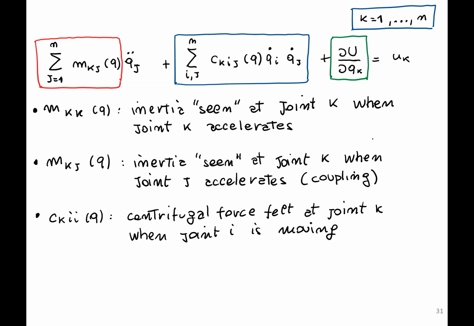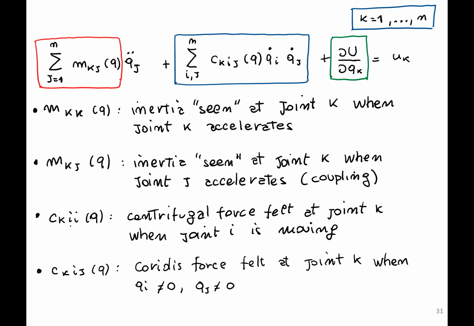And the other element is the Coriolis term. So in this case, whenever i and j are equal, we have the centrifugal force felt at joint k whenever joint i is moving, or in the other case, the Coriolis force felt at joint k, because we are talking about joint k now.